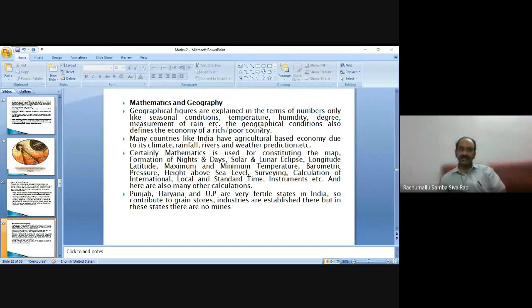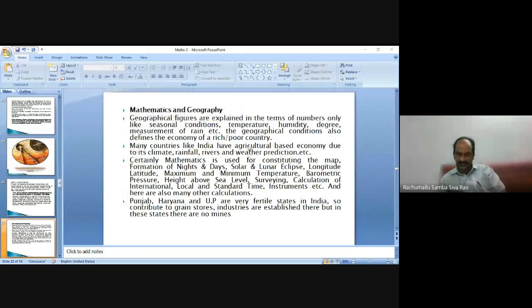In the previous slide we discussed in general the correlation between social science and mathematics. Presently we are discussing in detail the relation of mathematics with branches of social science, mathematics and geography. Many countries like India have an agriculture-based economy due to its climate, rainfall, rivers, and weather prediction, etc. These are also dependent on mathematical application only.